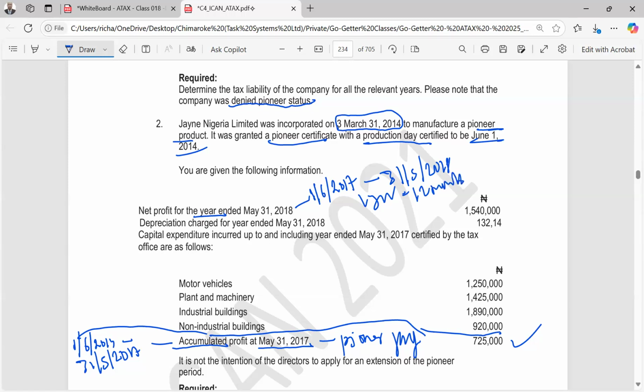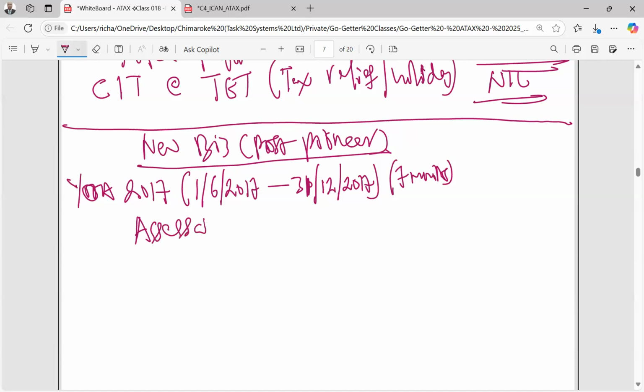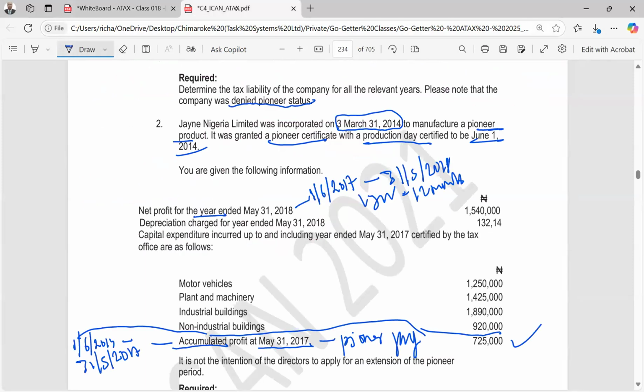And now we are taking a portion of it from June to December. We're going to be taking 7 months. So we are saying assessable profit. Let me write my assessable well. Assessable profit is going to give us 7/12 multiplied by this figure, 1540.